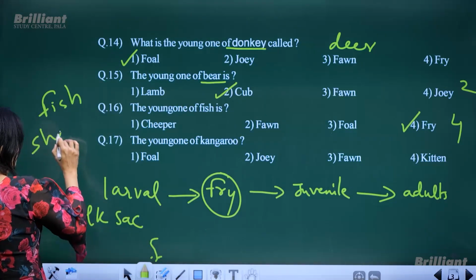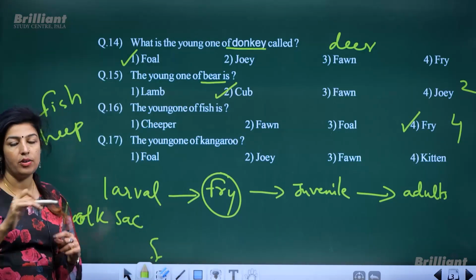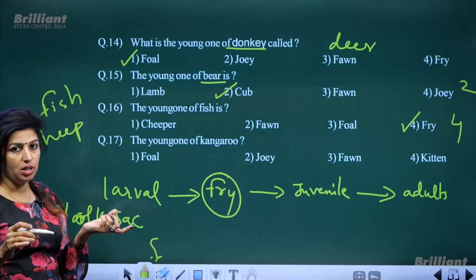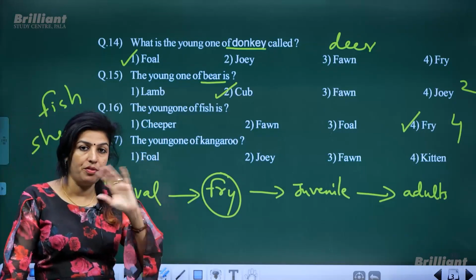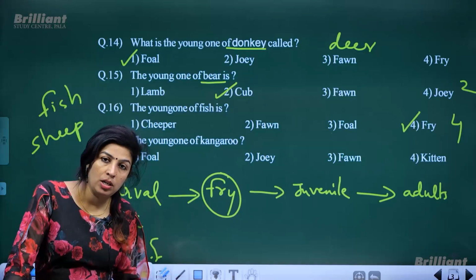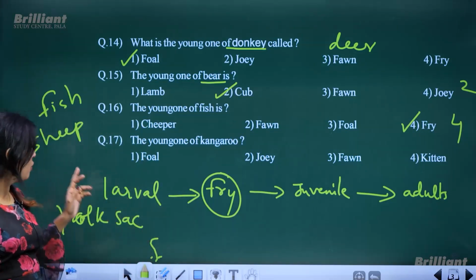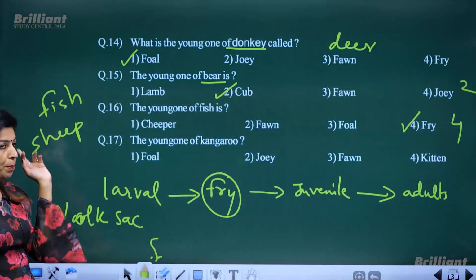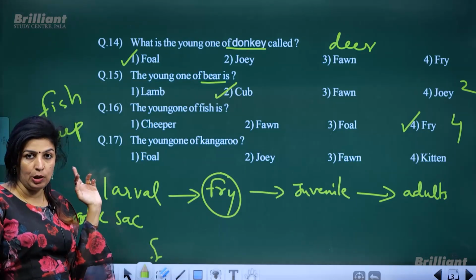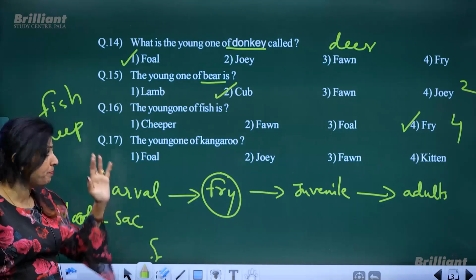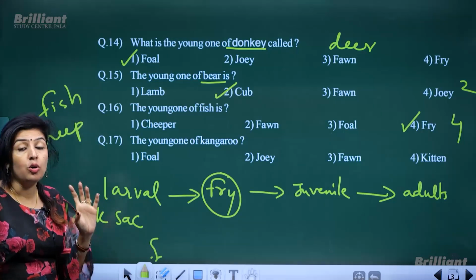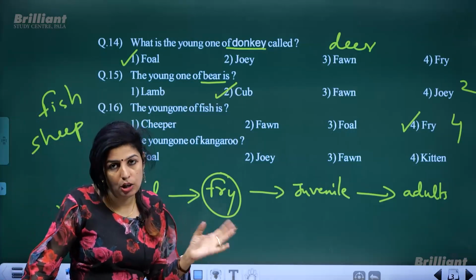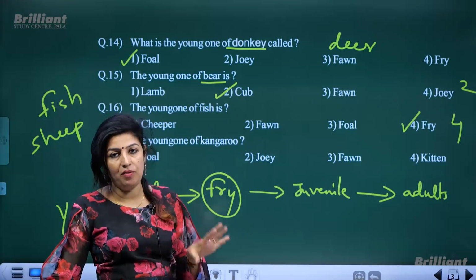Sheep singular and plural, or we call them irregular nouns, which do not have a different plural form. Singular and plural are both the same. So fish also could be used as singular or plural with the same word fish.